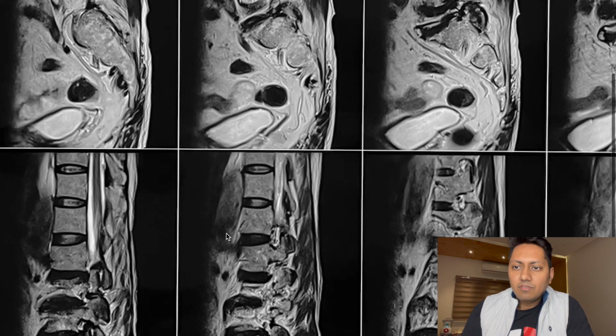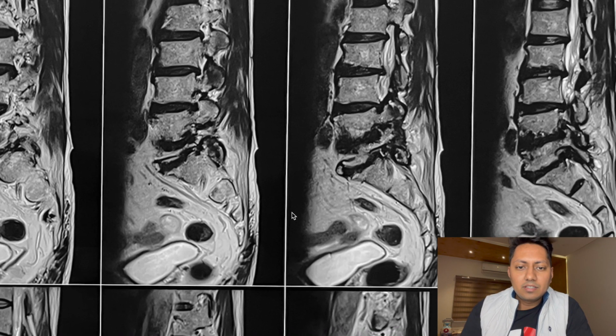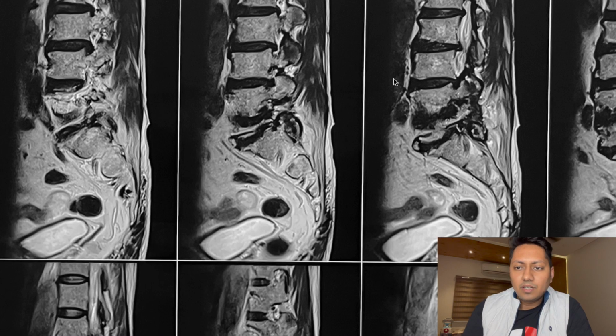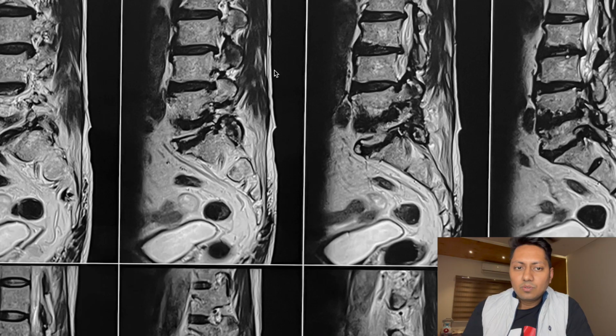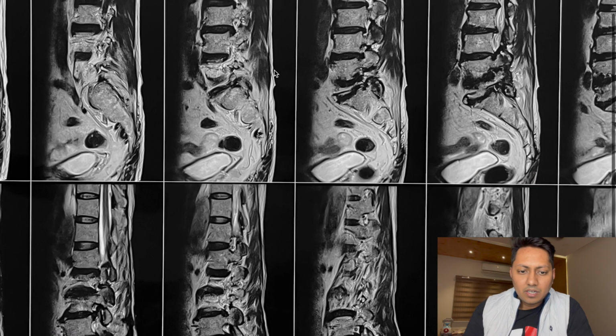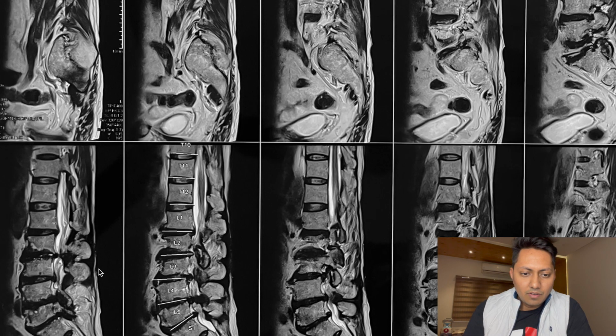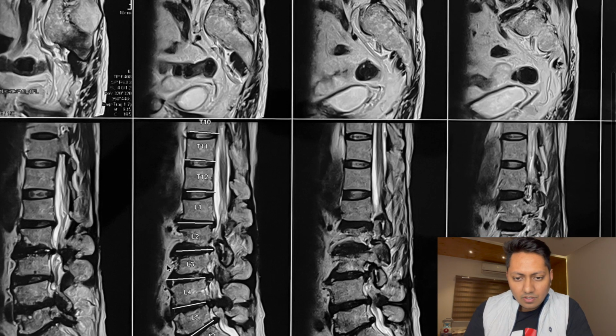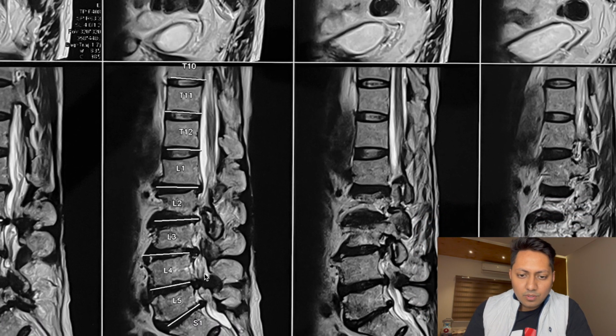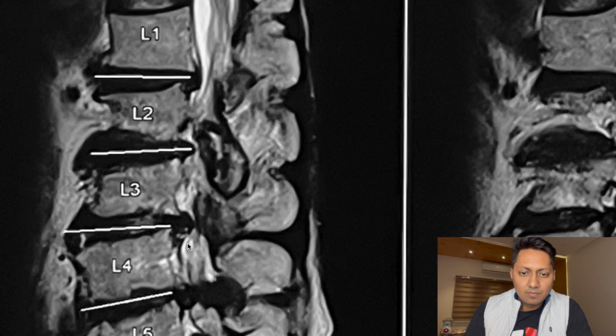Coming to the L3-4 disc space, you can see the exiting root at L3-4 is quite normal. This foramen is okay and there is no compression at the foramen, but at the traversing root level there is compression of the L4 traversing root at this level.